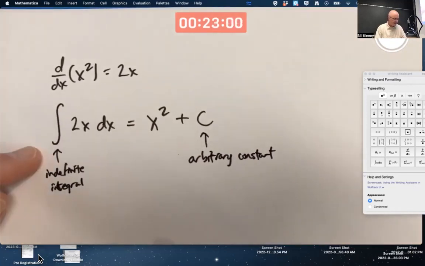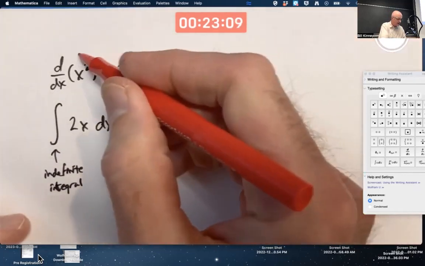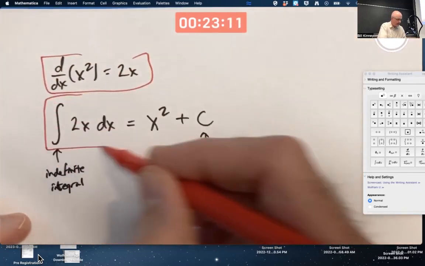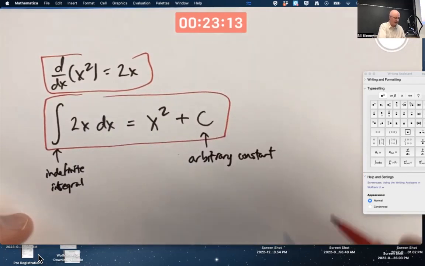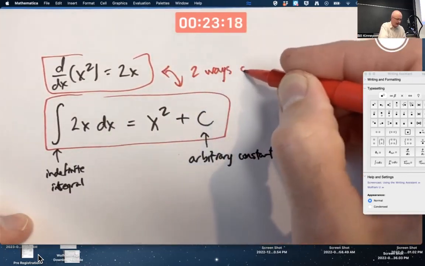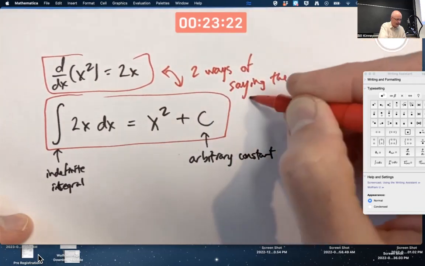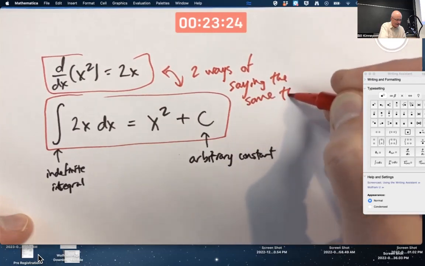Indefinite integral symbols next to functions mean find the most general antiderivative. These two equations effectively mean the same thing. Two ways of saying the same thing. Now, you don't see any C's in the first equation.